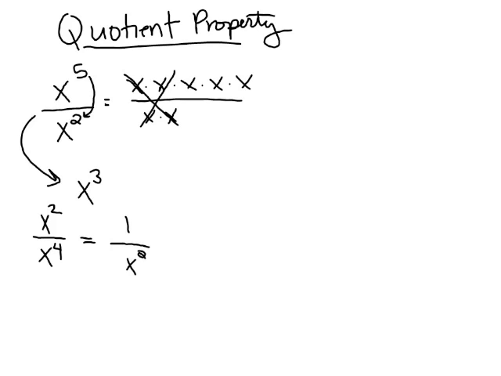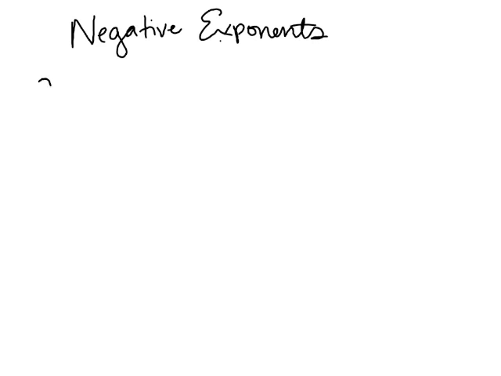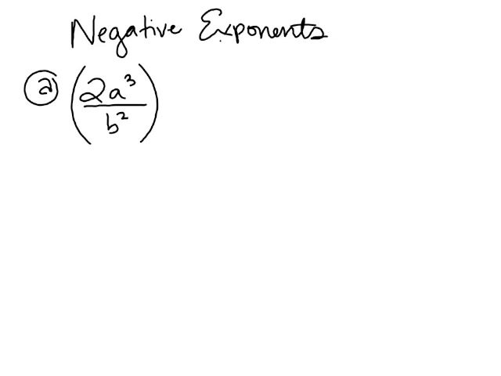Okay, negative exponents. Let's say I have 2a cubed over b squared, and all of that is to the negative 2.